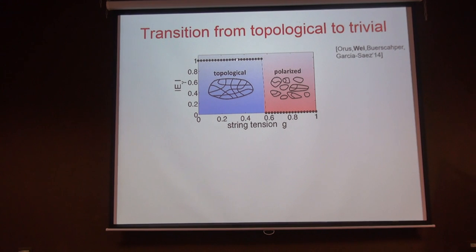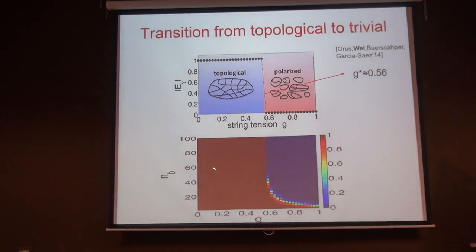It's 1 because we're using log base 2, so it's 1 from the toric code up to some value of the string tension and drops sharply to 0 and stays 0. From this, we infer that this is a topological phase, in the same topological phase as the toric code, and this is the polarized phase. So we identify there's a transition here around 0.56.